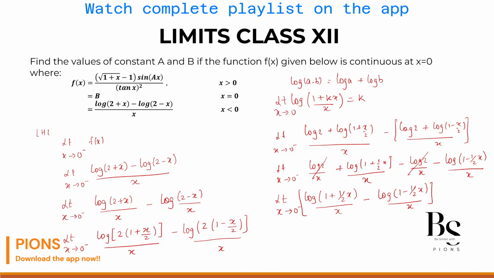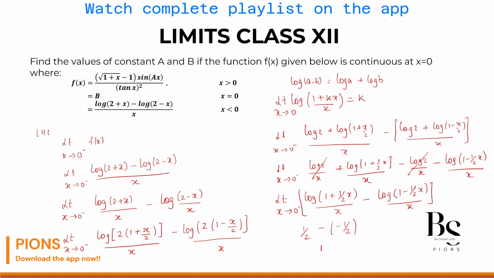If x is not tending to 0, it will not give you k. In that case you have to simplify somehow. So here I am simplifying and we already have x tending to 0, so we will straight away get half, because if I compare, k must be half here. And here what is the value of k? Minus half. So half and half, 1. This is our left hand limit.